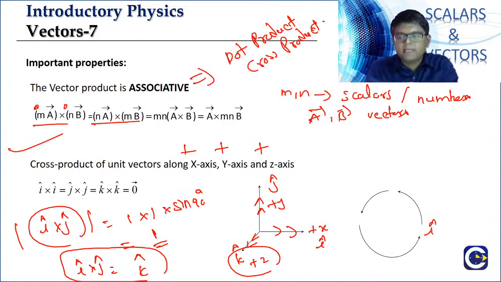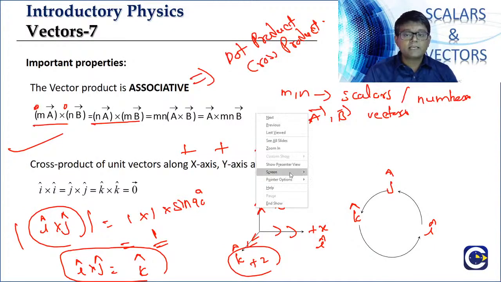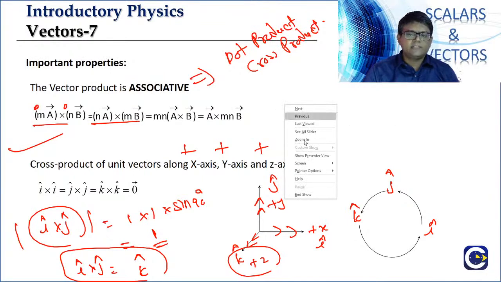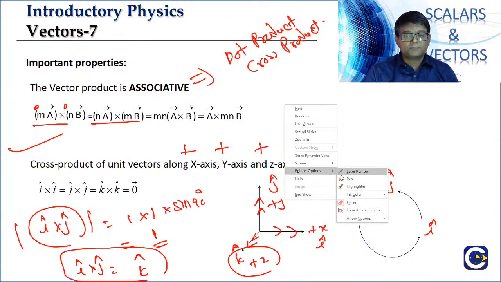Put it like this: i, j, k. We simply put them on the circle in the anti-clockwise direction and write i, j, k.